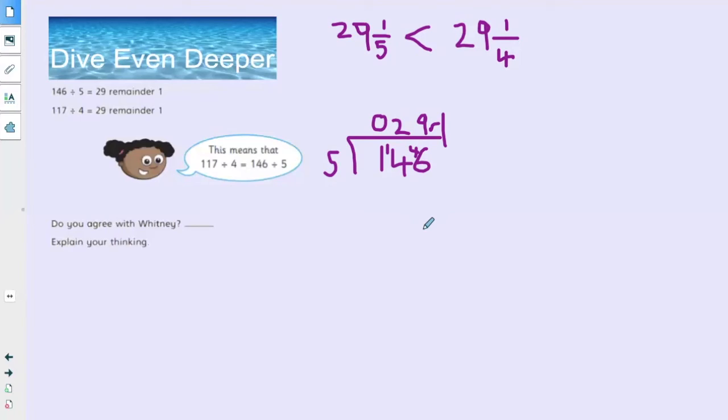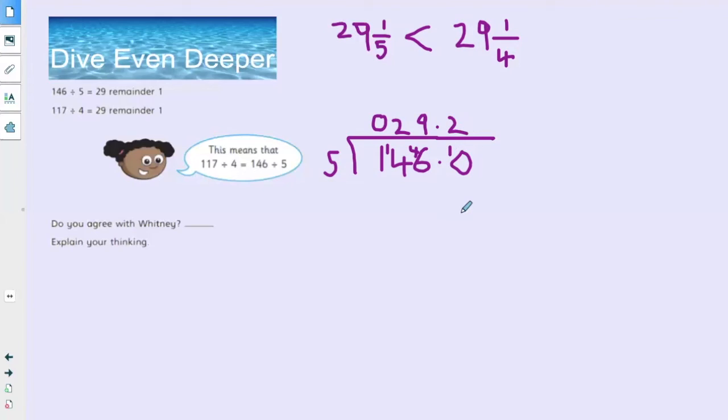And remember, we can exchange the remainder 1 here for 10 tenths. And we just need to remember the decimal point. So I'm going to get rid of that, and I'm going to do the exchange. Decimal point, extend my bus stop, put the remainder down here. So now I've done the exchange. 5 into 10 goes twice.